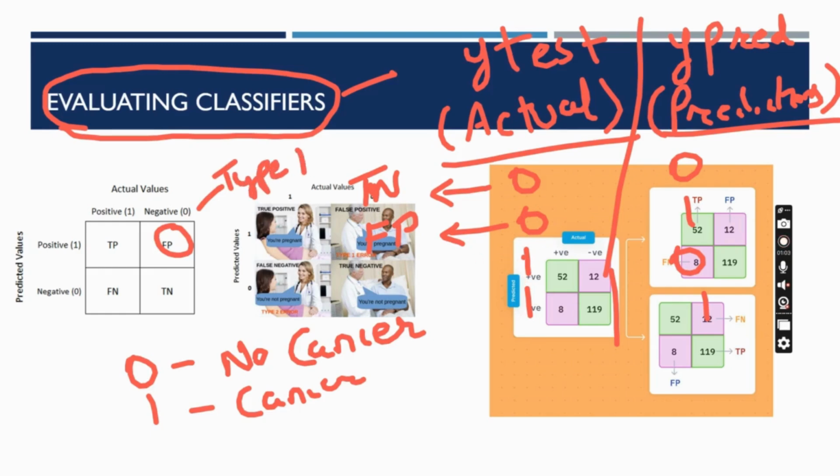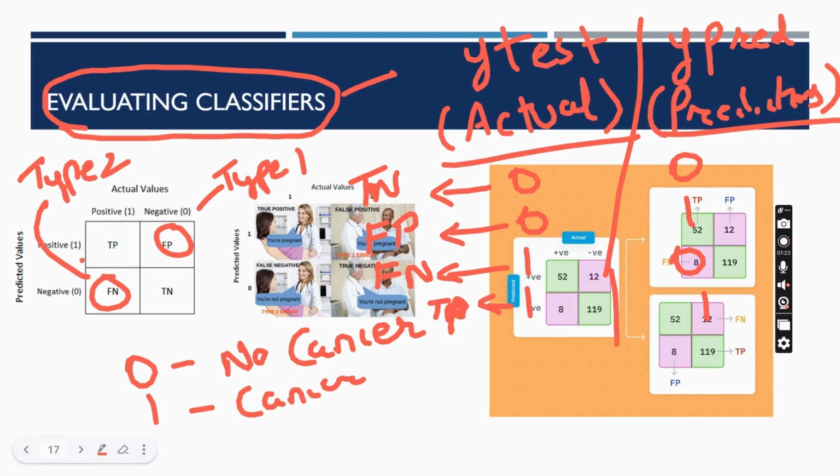Then there is truly cancer but not able to detect, that is the false negative, or FN, which is the type 2 error. And finally we have truly cancerous and detected also as cancerous by the model, so this is the true positive. So we want as little type 1 and type 2 errors as possible.